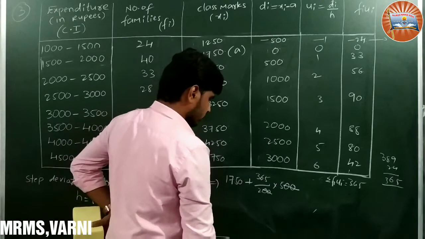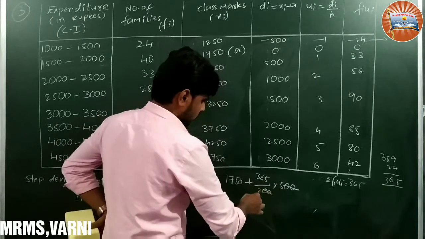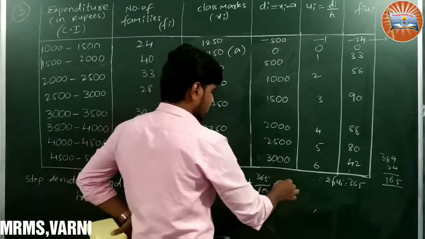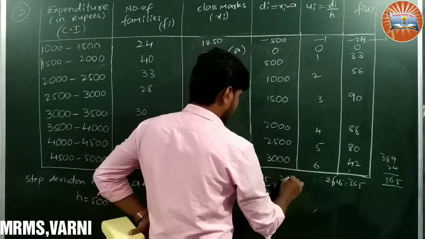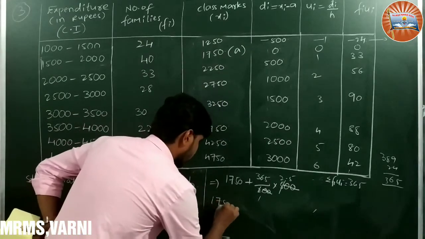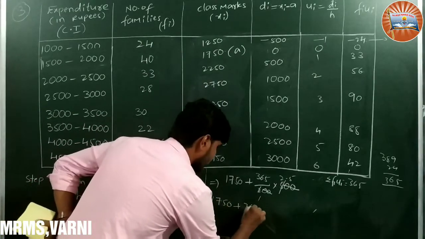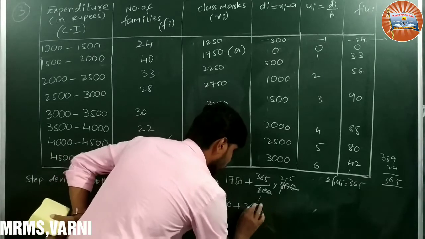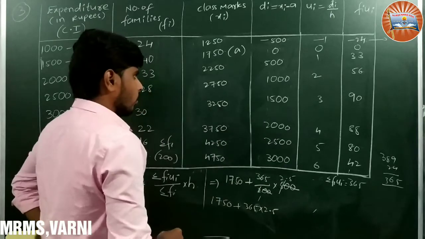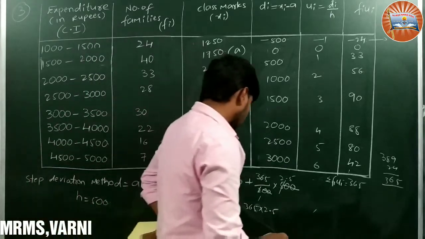Next, 2 ones are 2, 5 is 2.5. Now 1750 plus 365 into 2.5. We have to multiply 365 into 2.5.